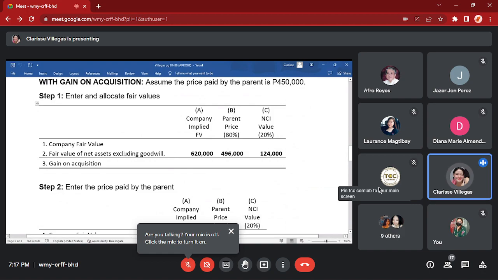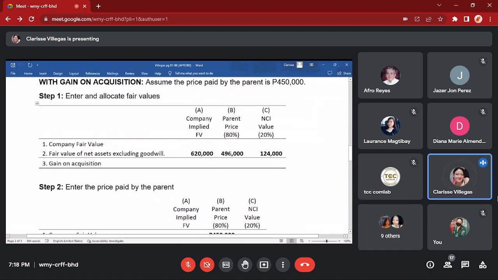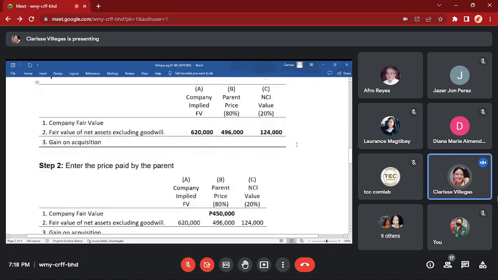Fair value of net assets excluding goodwill of A company implied fair value of 620,000, B parent price 80% of 496,000, C NCI value 20% of 124,000. Gain on acquisition, wala pa.